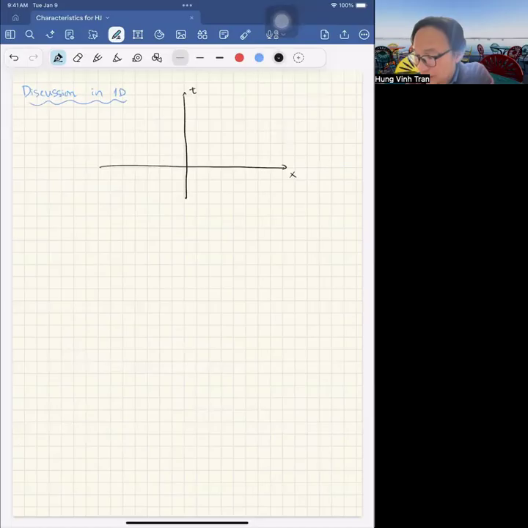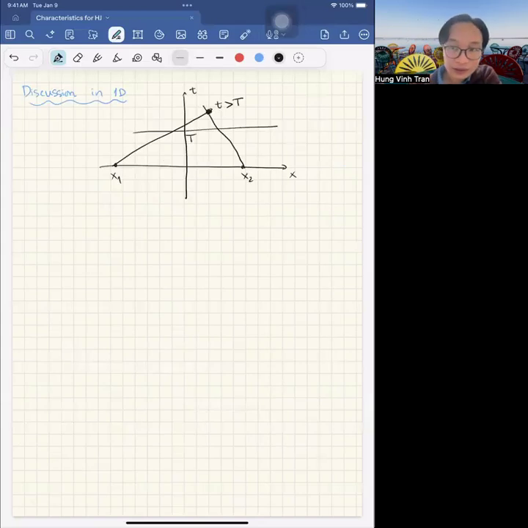We want to quantify, if we start this curve x(t) from x1 and x2, when they are intersecting each other. I want to claim that if they intersect each other, then this little t should be bigger than capital T, where capital T is something that was defined.